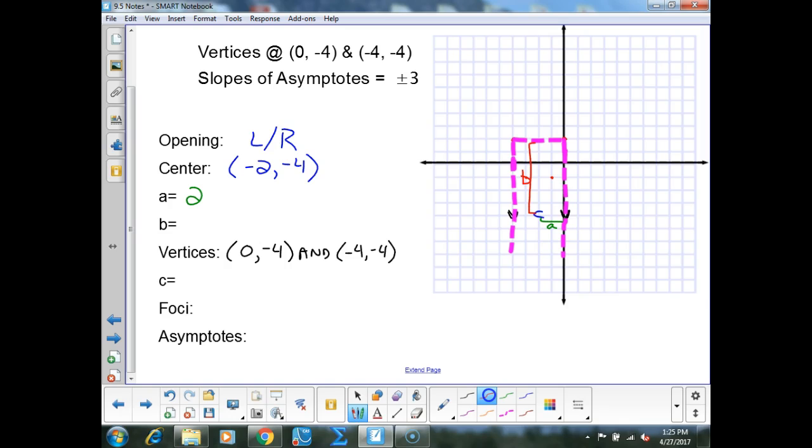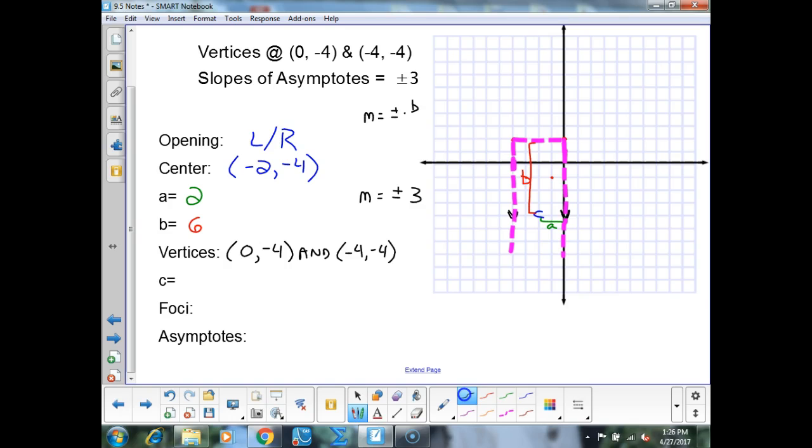Six. Now, another way of doing that is you know that the slope is plus or minus 3. You also know that the slope is plus or minus b over a. You know that a was 2.